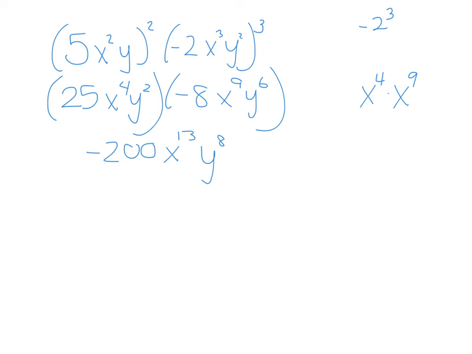Okay, I've got one more kind of tough problem. So you're going to see about the hardest ones in this section. 1/3 x, y to the fourth, all of that squared.